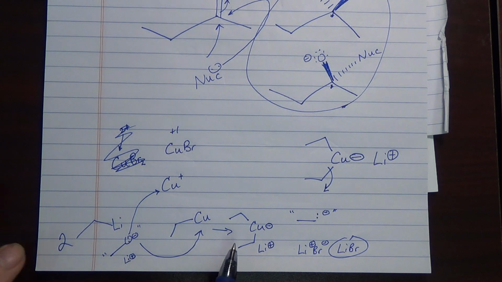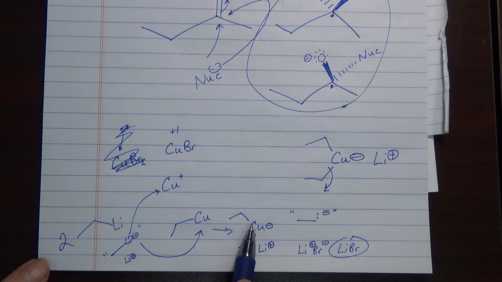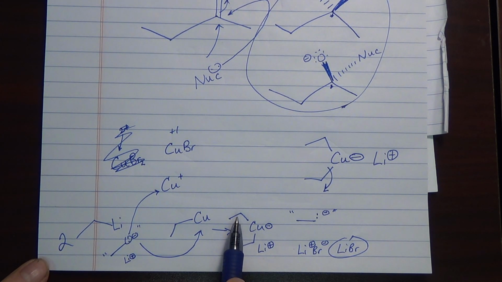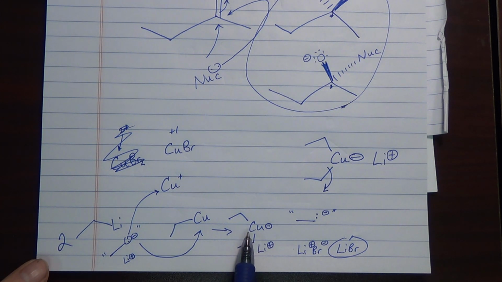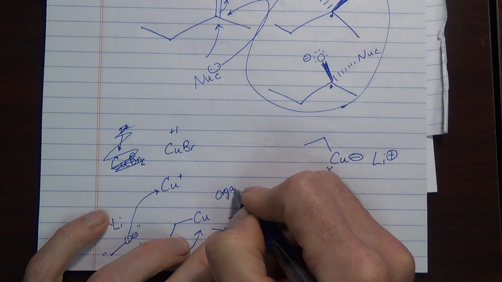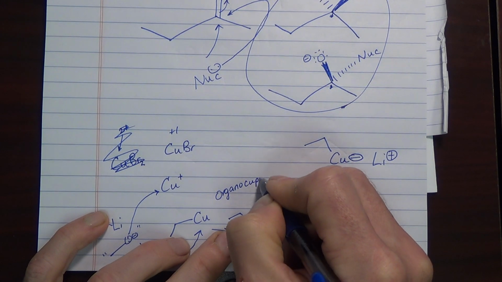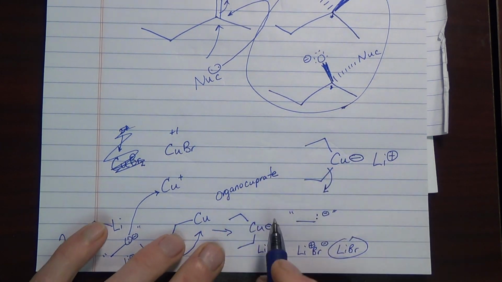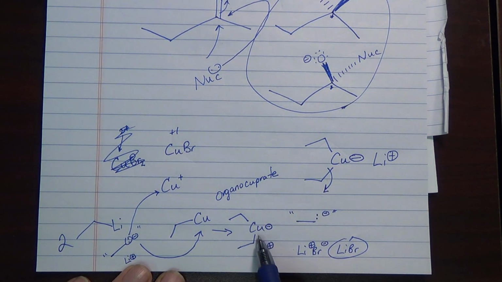Probably very strange to see something like copper with organics bonded to it, but you can. It's called an organometallic, more specifically an organocuprate. Cuprate is when the copper is an anion.